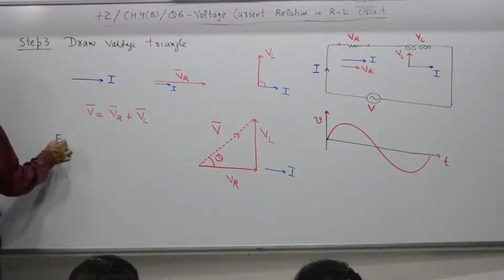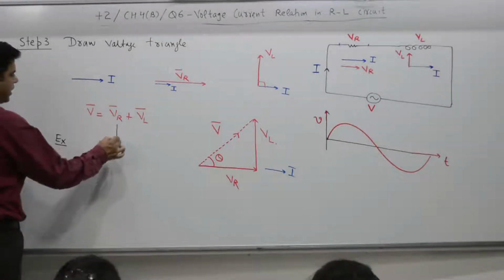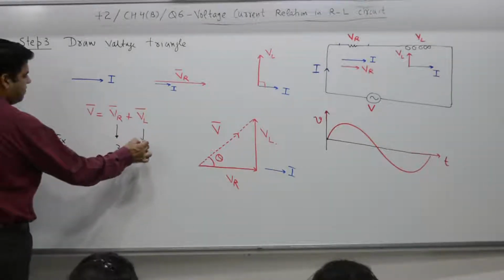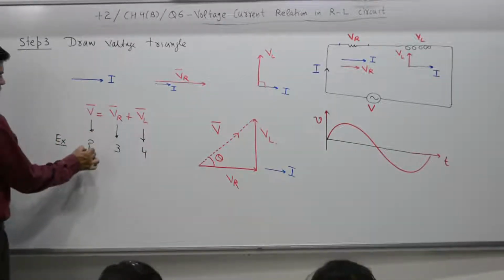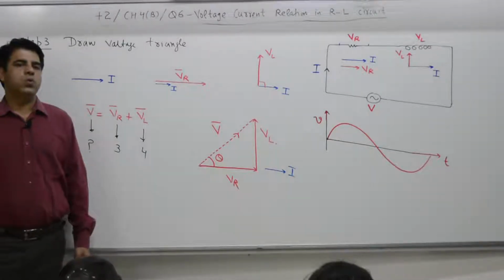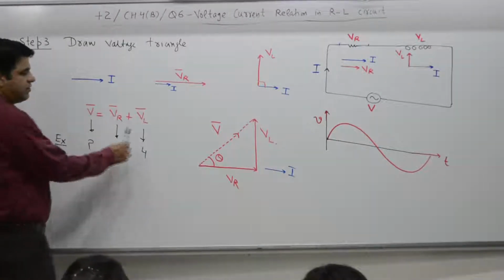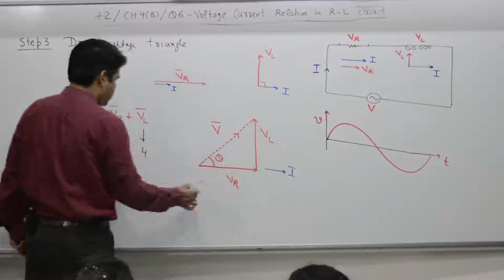As an example, just for concept clarity, if VR is equal to 3, VL is equal to 4, V is equal to what? Is it 7? No, it is not 7.